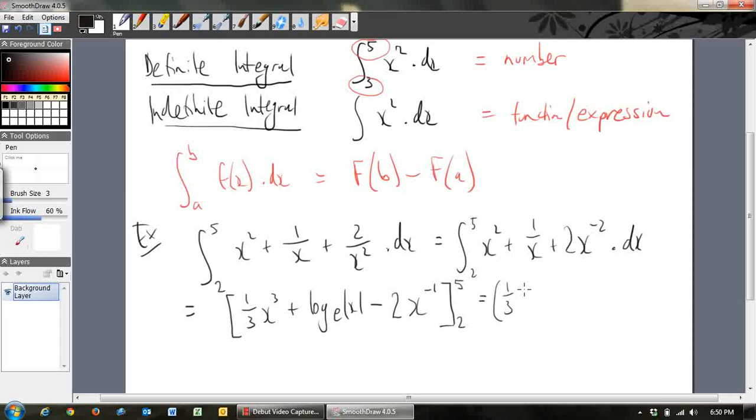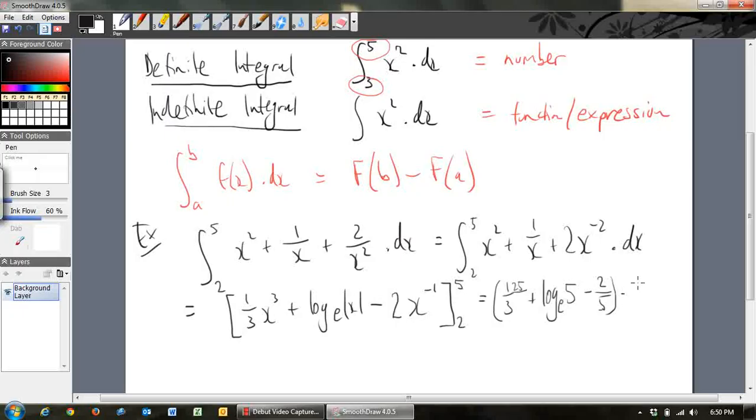So we've got 1/3 x cubed. 5 cubed is 125, so I'll write 125 over 3 plus log e of 5 minus 2 over 5. So we've substituted 5 into this.